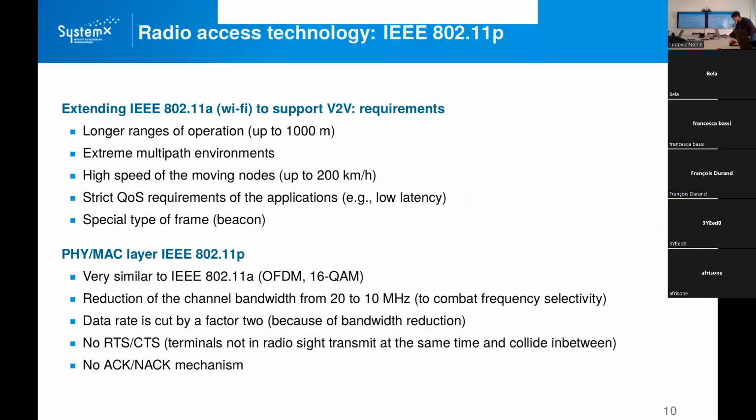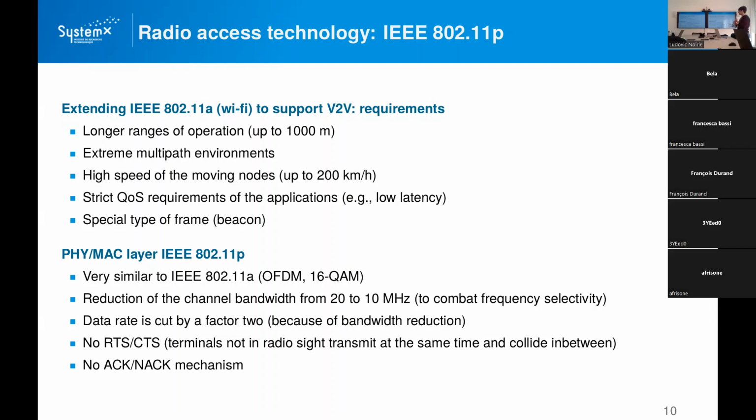Then, let's talk about this first radio access technology, which I will call ITS-G5, because IEEE 802.11p is too long for me, but I will be talking about this technology. It has been taken from the standard for Wi-Fi, the 802.11a standard, and starting from this standard, it has been adapted to the requirements that you have in vehicular networks.